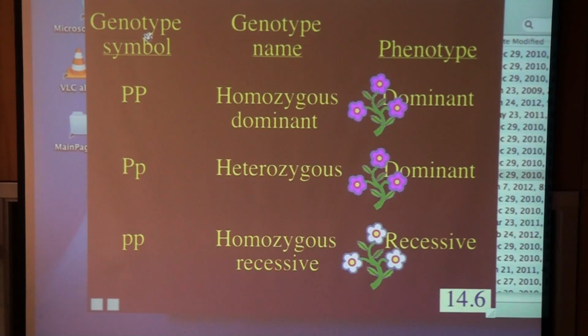Well, the cells can adjust how active a protein is, and if there's only one copy of that protein, the organism will make more of that protein or make that protein more active to compensate for the fact that there's one copy of it. So you end up with the same amount of purple pigment.